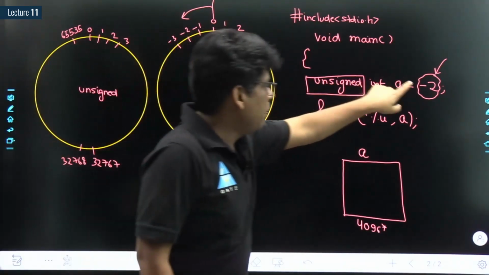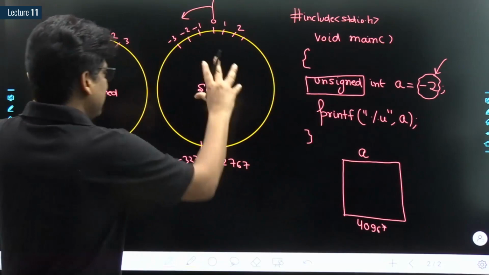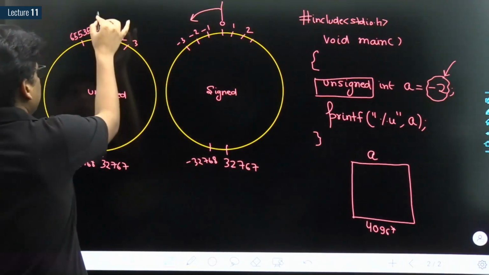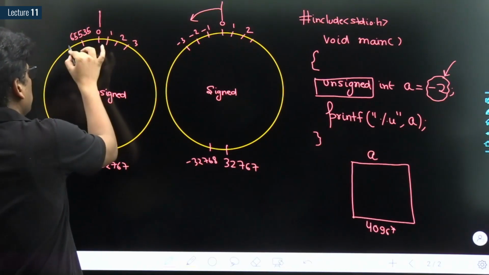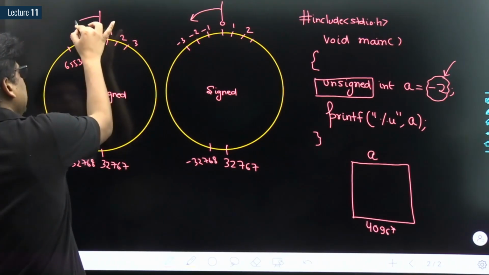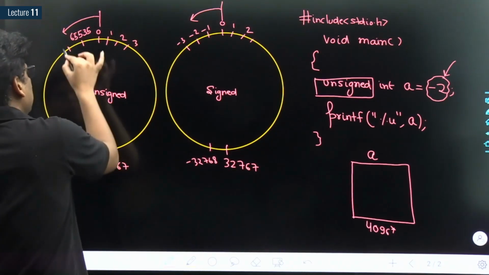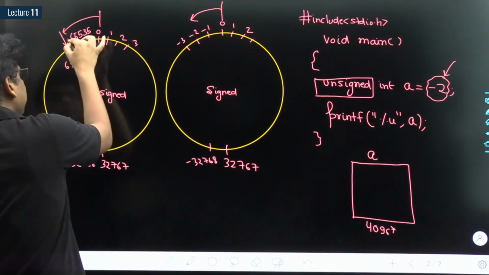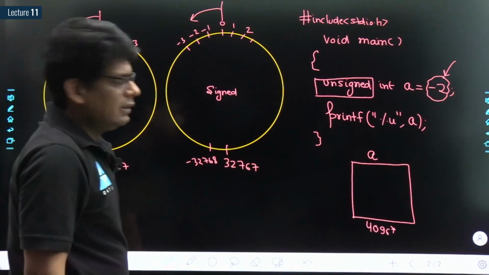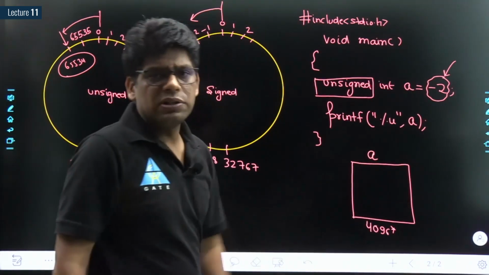Then how is -2 stored? See the equivalence between these two circles. Again, we will start from 0 and move 2 positions in the anti-clockwise direction. What will we get? We get the value 65534. That means what is the value that gets stored inside a?